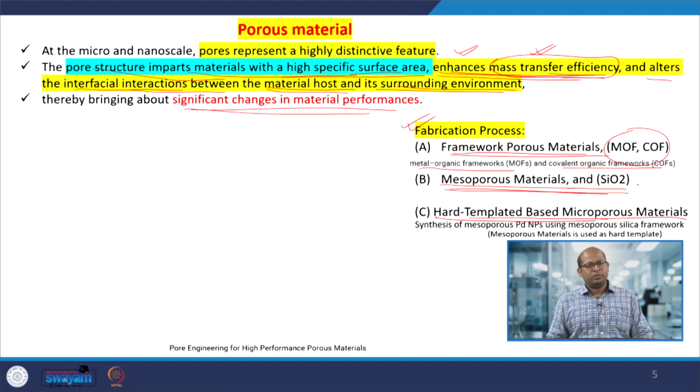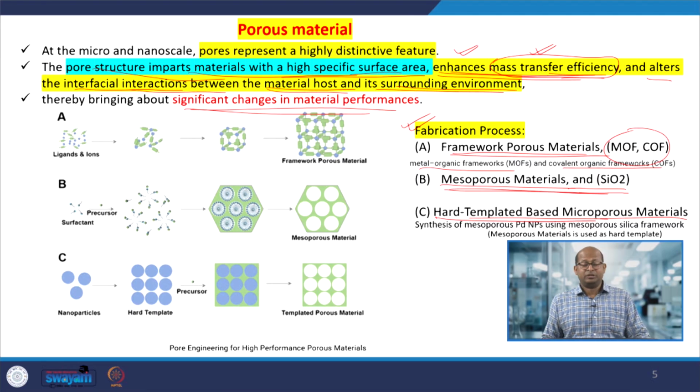We have to follow multiple steps to prepare by this hard templating method. After that, in one step, we remove the template from the material, so the remaining portion, the metal or metal oxide, would be highly porous, with the pore structure developed.